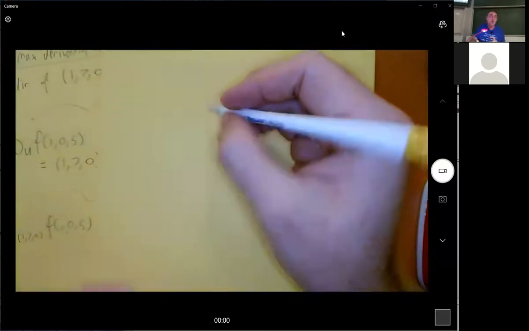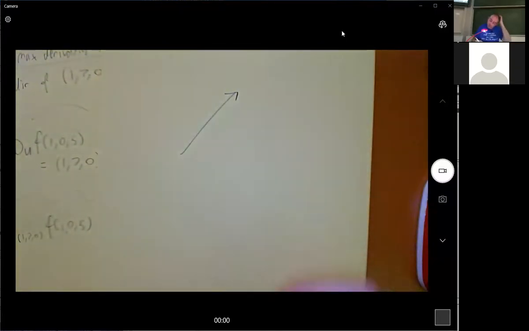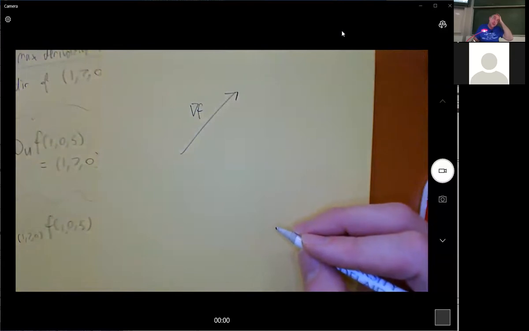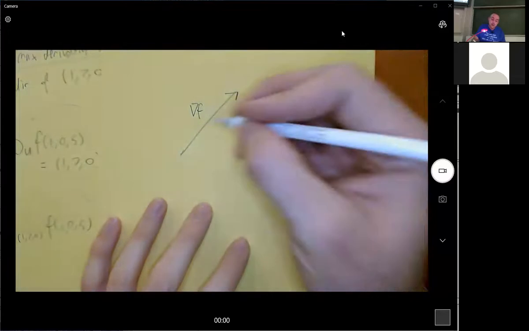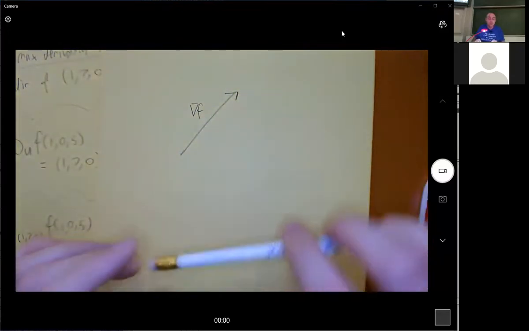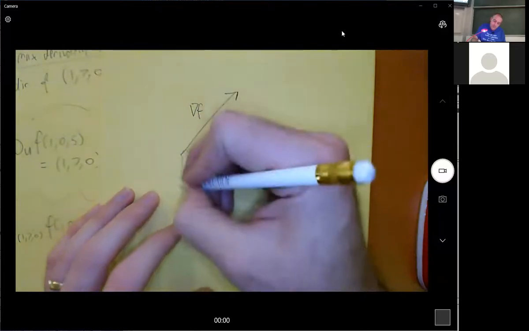Let me think about this. I'll do it in 2D instead of 3D if that's okay. So this is going to be the gradient at the particular point I'm thinking of. And I'm going to try all different vectors. These are going to be my different u hats.